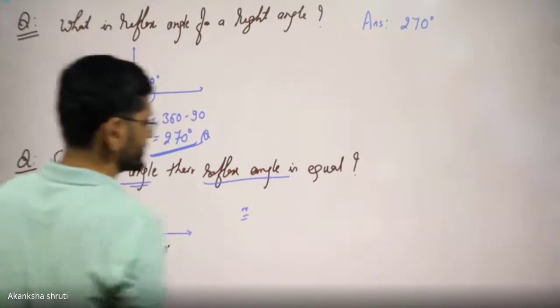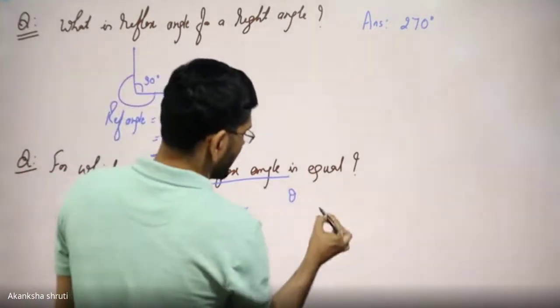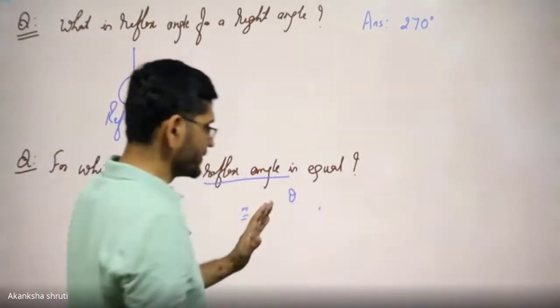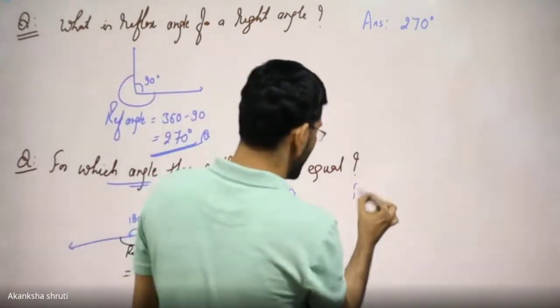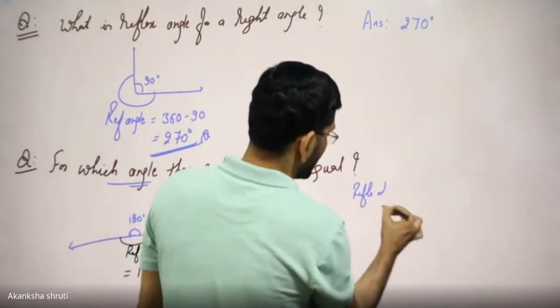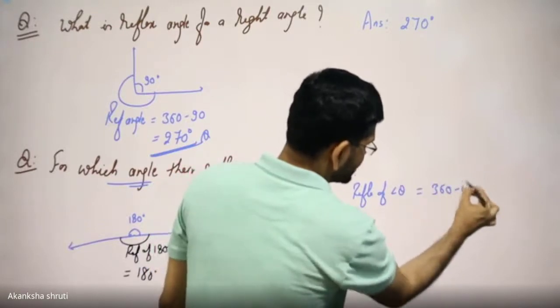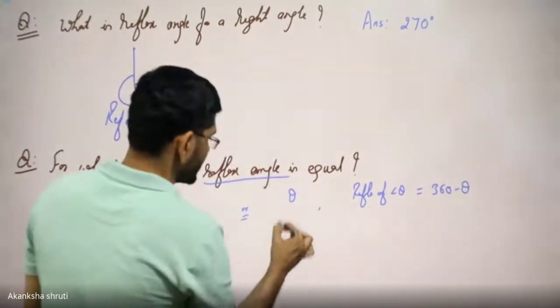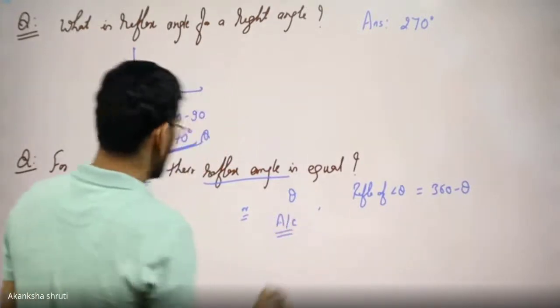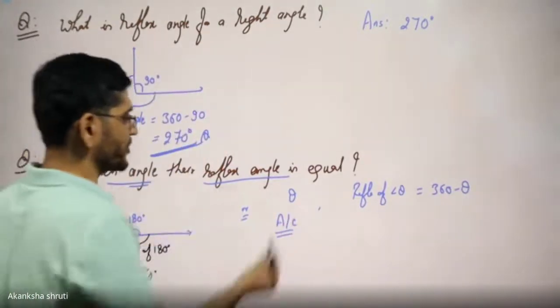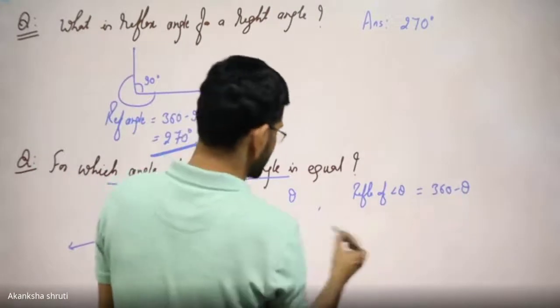Let us consider the angle theta, and then the reflex of angle theta will be given by 360 minus theta. According to the question, we have to find the value of theta for which theta and 360 minus theta become equal.